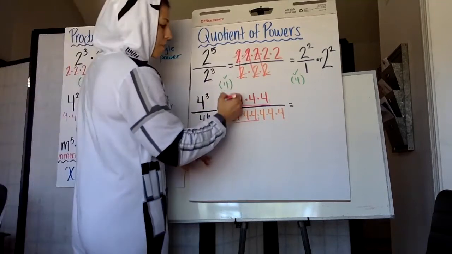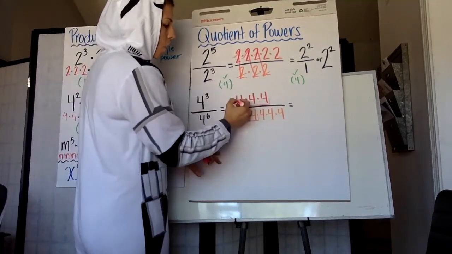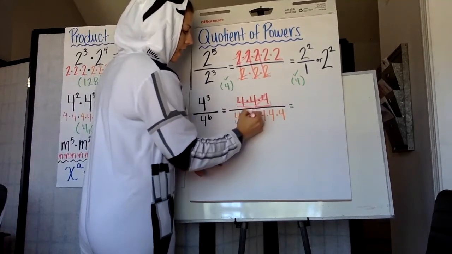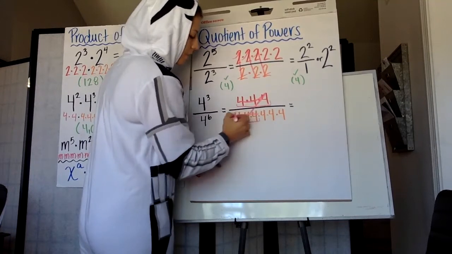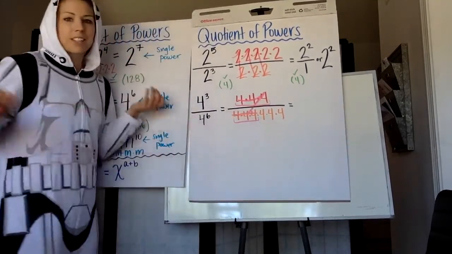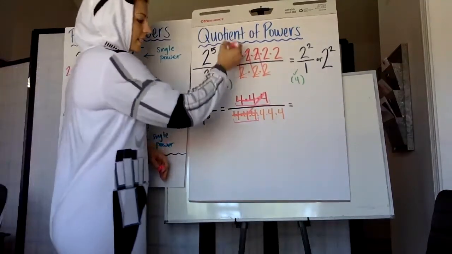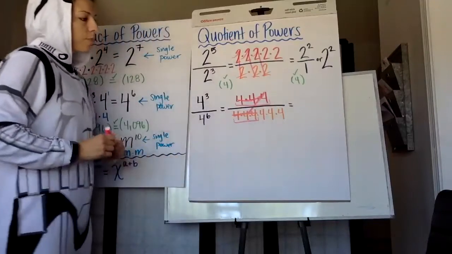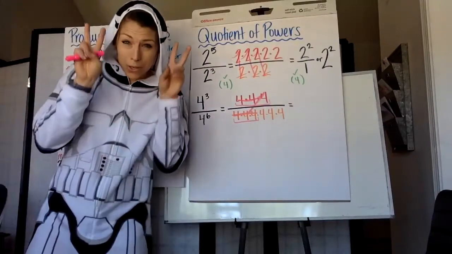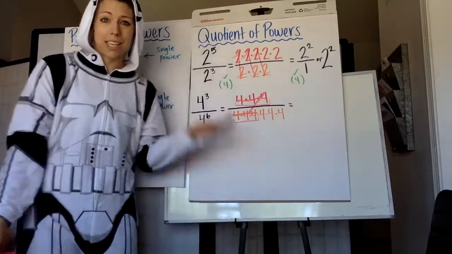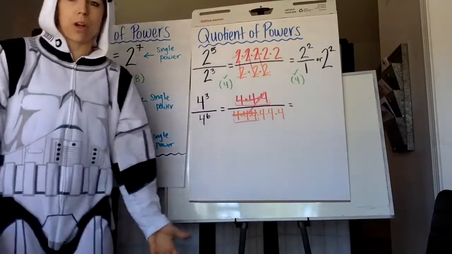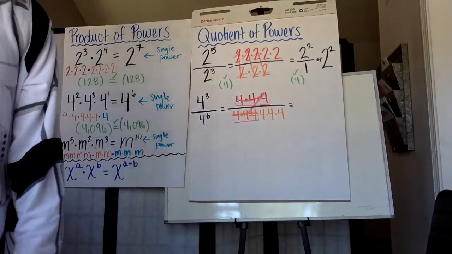I could make individual big ones, or I could just say that equals 1. 4 times 4 times 4 divided by 4 times 4 times 4 is just 1. But those, for lack of a better term, cancel. I hate that word, but they do. Essentially, they equal 1, so they're no longer parts of our product.